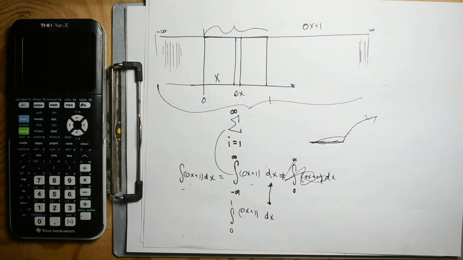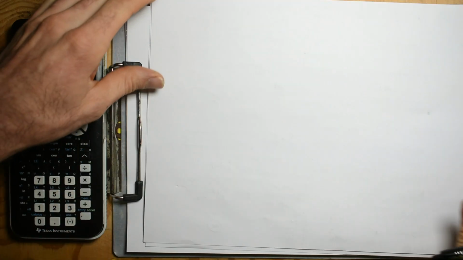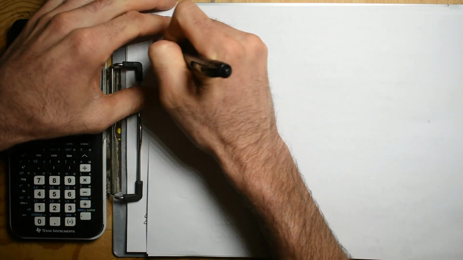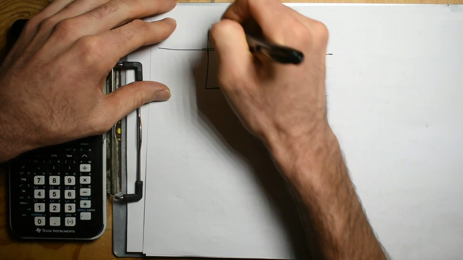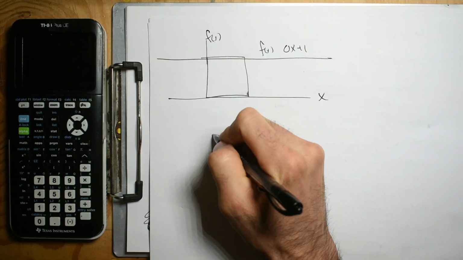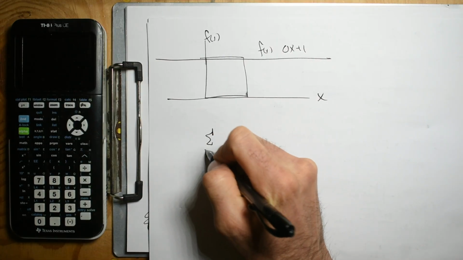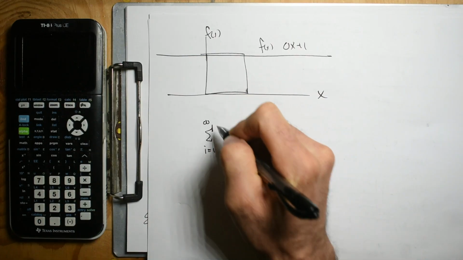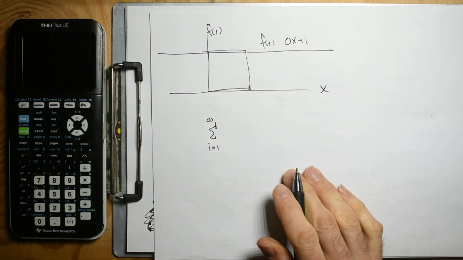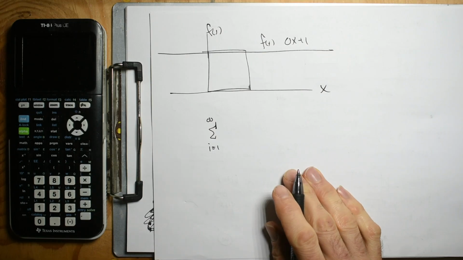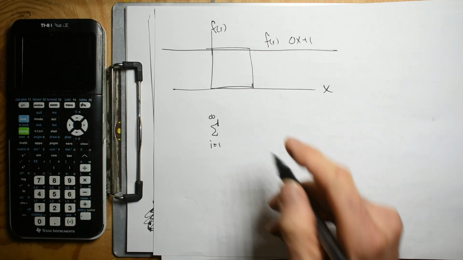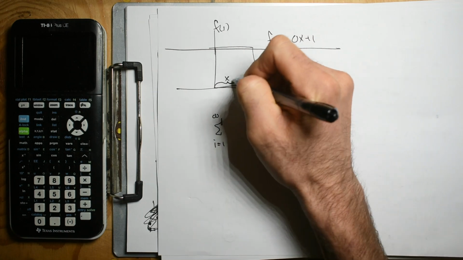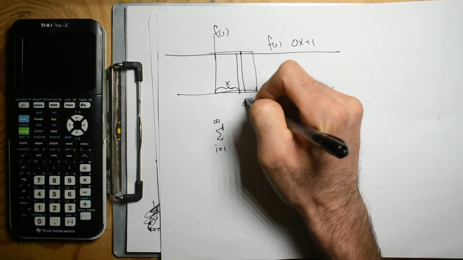Okay, so what were we trying to do? Yeah, so even though we have our box here, we're going to have this equation 0x plus 1. And we're going to sum from i equals 1 to infinity of some value of x, and then some slice dx.